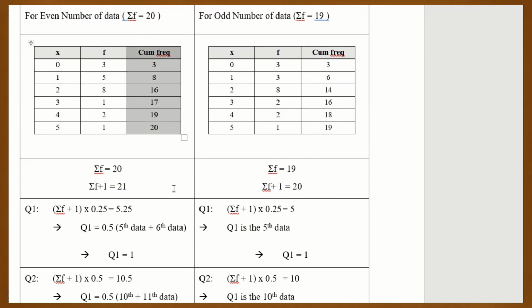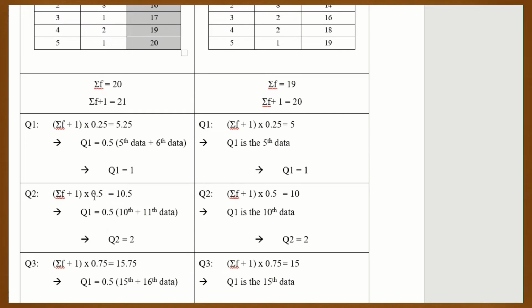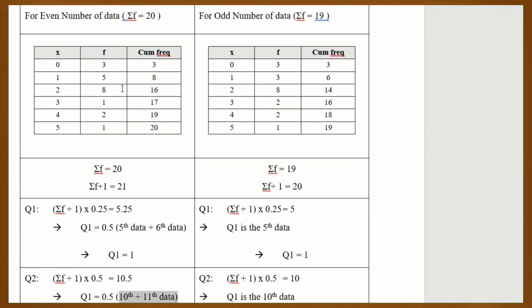That is why I kept emphasizing that you must know how to do chapter 2, because concepts remain the same. Whether it's odd number or even number, we use the same way. How do you find median? 21 times 0.5, or divided by 2, or times half, right? You get 10.5. Between data 10th and 11th, use cumulative frequency inside here. So my median is 2.